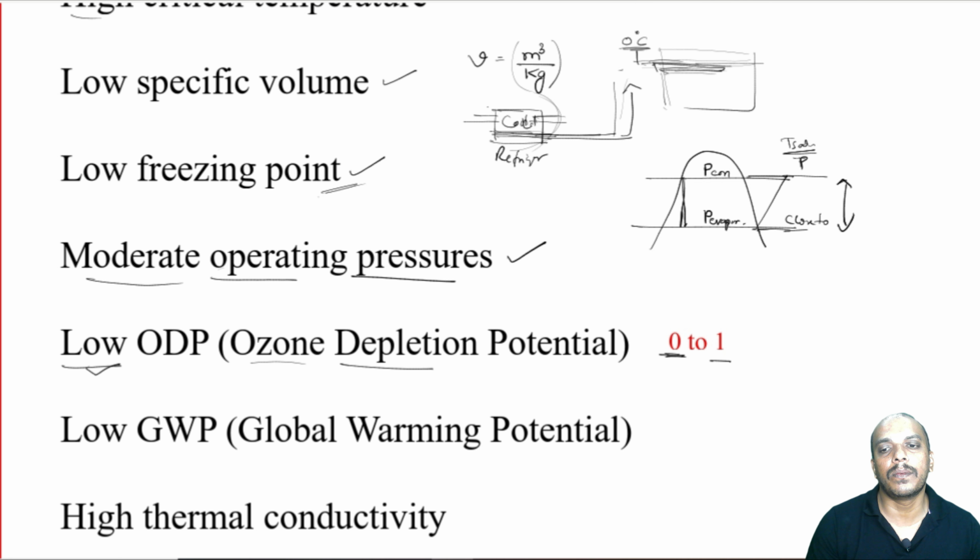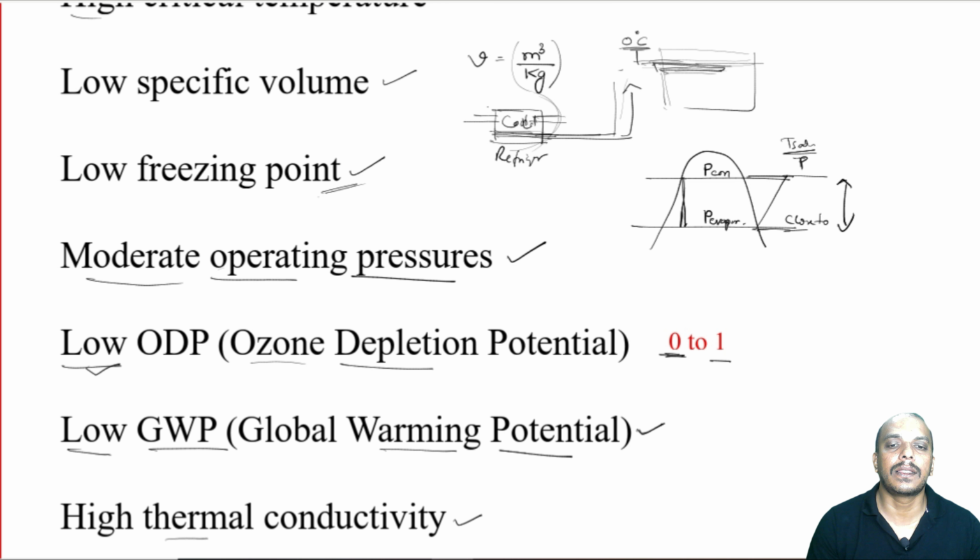Similarly, low global warming potential: it should not cause any global warming as well, all right. If there is a refrigerant which can contribute to global warming like greenhouse gases, we would like to reduce it. So, low global warming potential is one of the desired properties of a refrigerant, and it should have high thermal conductivity. We know that the refrigerant is the one which carries the heat away, right.